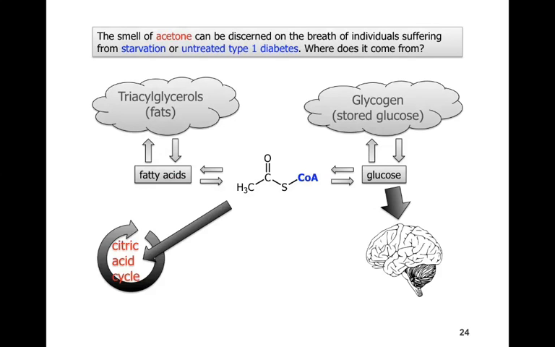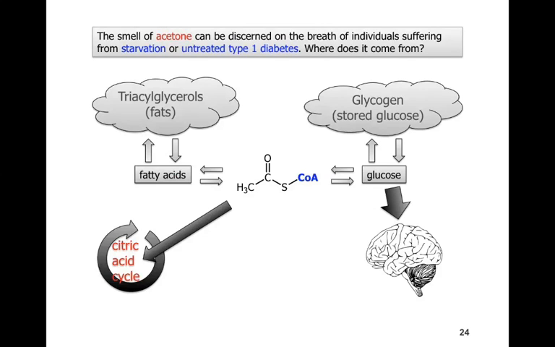So what about type 1 diabetes? Why do you observe the same thing? Well, type 1 diabetes is a curious phenomenon. It's an autoimmune disorder where the body's own immune system actually is destroying insulin-producing beta cells in the pancreas. Insulin is a hormone that is released to trigger the body to increase the amount of glucose.